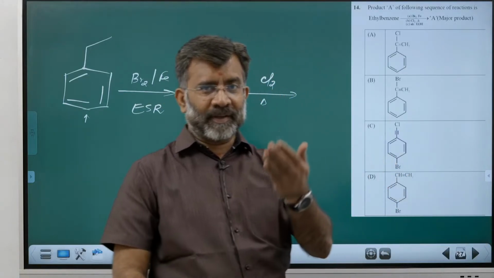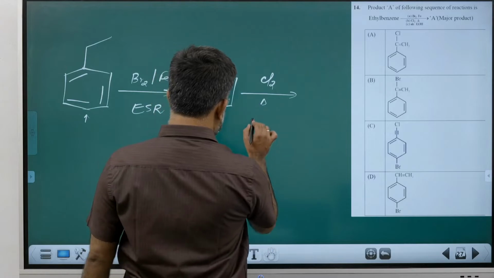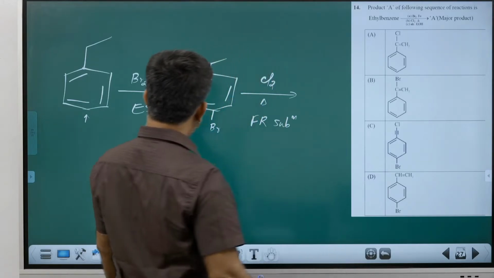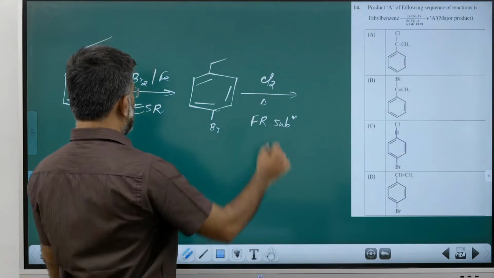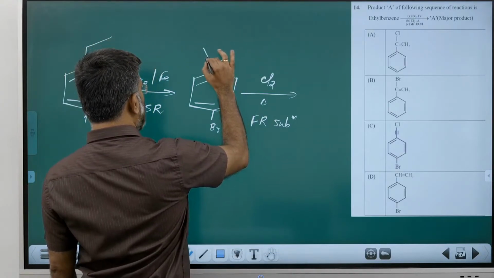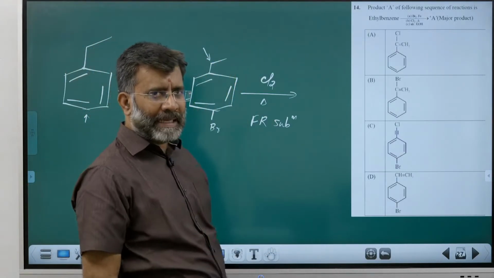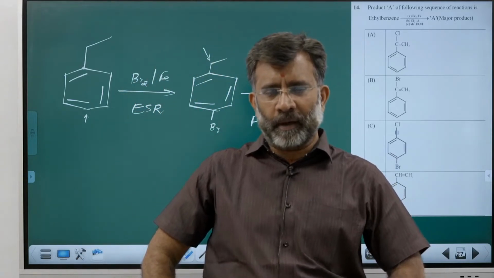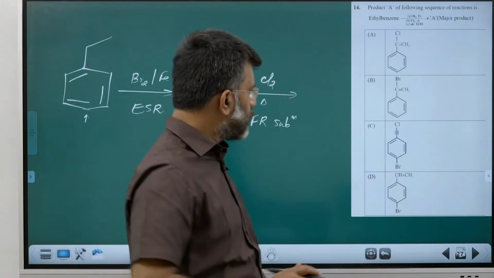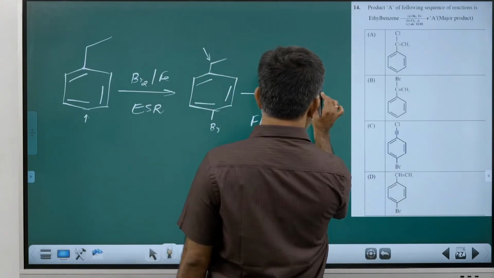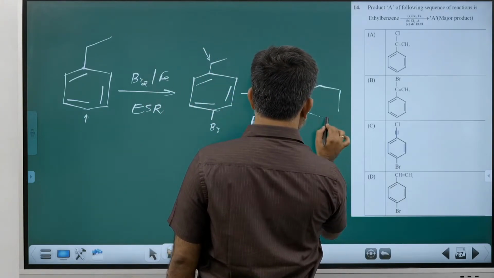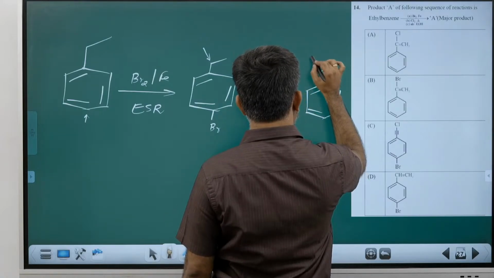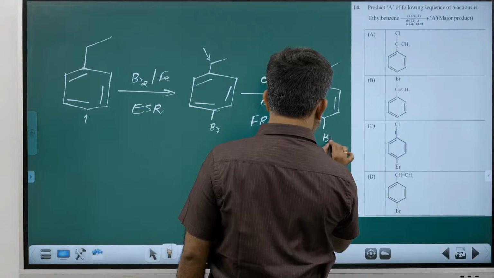Yes, it's a free radical substitution reaction, and the substitution will occur at the side chain, where over the benzylic carbon the free radical will be formed predominantly, and the product obtained will be this one. You get chlorine here and bromine here.